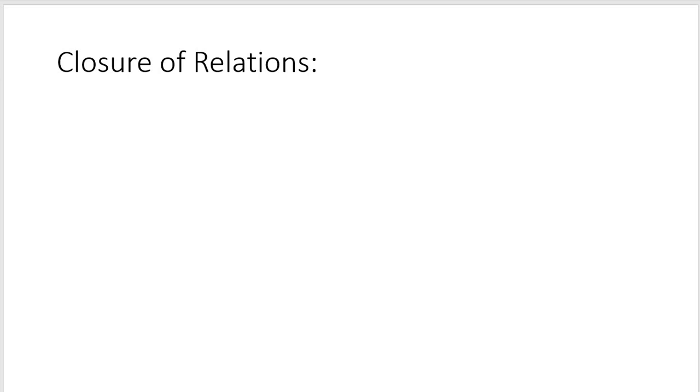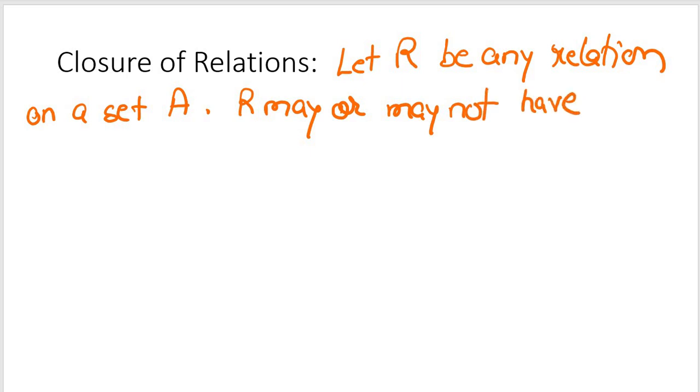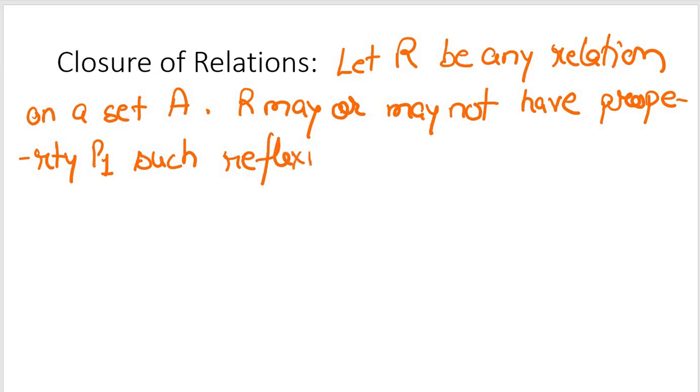So to start with, let's take the same R and let it be any relation on our set A, and your R may or may not have property P1, such as, properties will be those only, reflexivity or maybe symmetry or maybe transitivity.